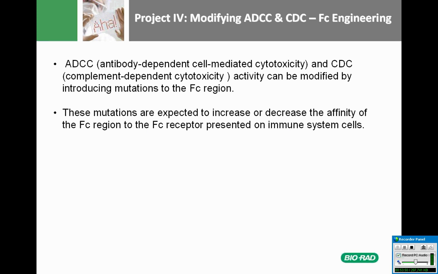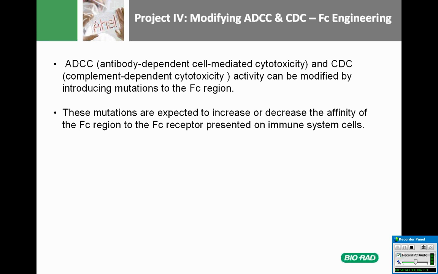The 4th project was the modification of the Fc part of the immunoglobulin to introduce point mutations in it. This is something known in the literature, that there are very specific amino acids that you can change, which will increase or decrease the ADCC or CDC processes.